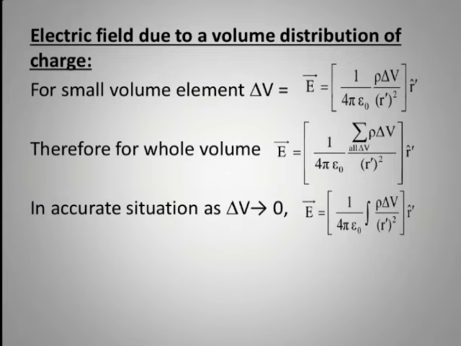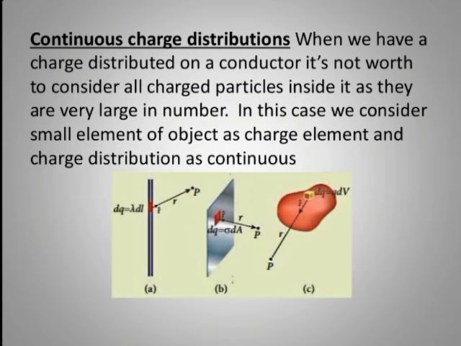Say, for example, you have electric field due to a volume distribution of charge. If I consider this is your volume, there are many atoms in it, billions and millions of atoms, and on those atoms you have got certain charges.